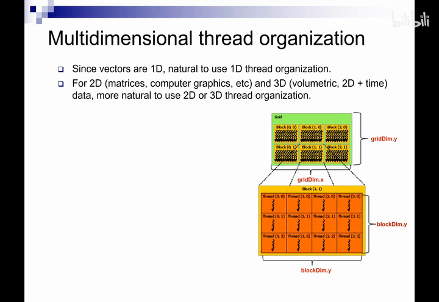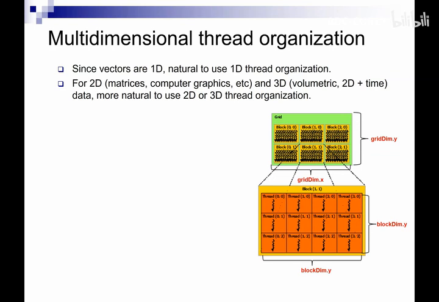You can also make this 3D. 2D would be useful for things like processing matrices, where it's natural to create a 2D grid or thread block to represent that. Or computer graphics, because graphics is usually in 2D. For 3D, you might be working with some sort of 3D data, or maybe you're working with 2D but you have a time component, like a video. Then that would make sense for 3D.